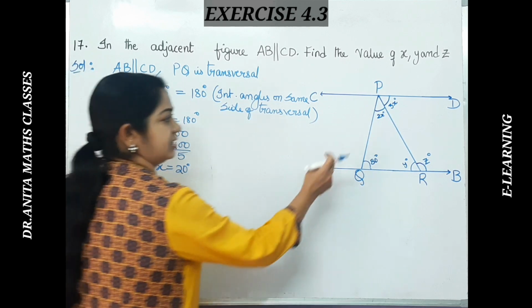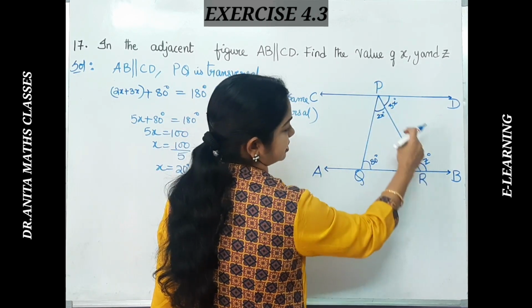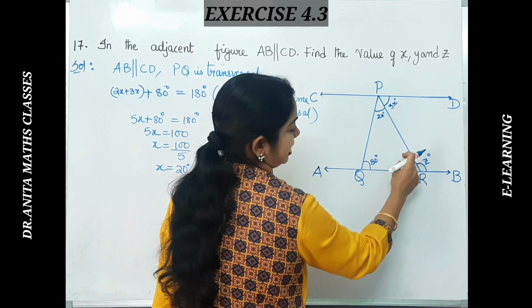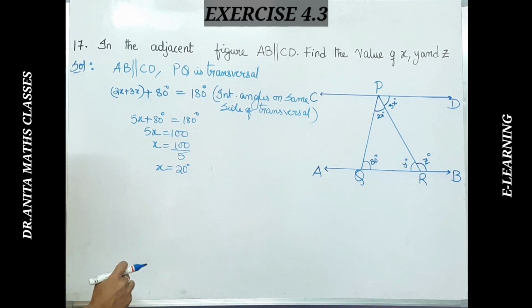Now if you see, AB is parallel to CD and PR is a transversal. This angle 3x and y form the interior alternate angles, which are equal, right?